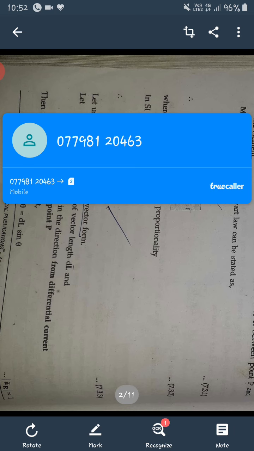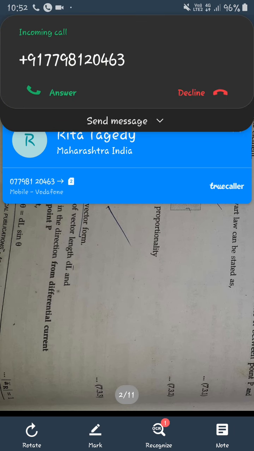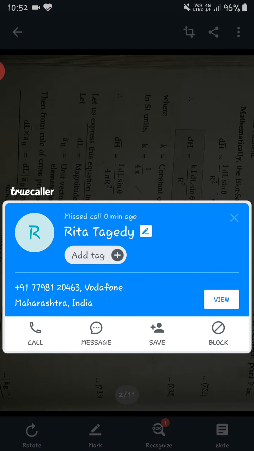Let dL equal to magnitude of the vector length dL vector, and AR cap is a unit vector in the direction from differential current element to the point P. AR is a unit vector directing from differential current element to the point P.